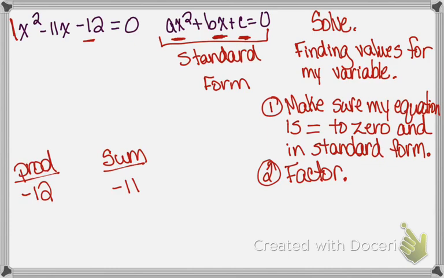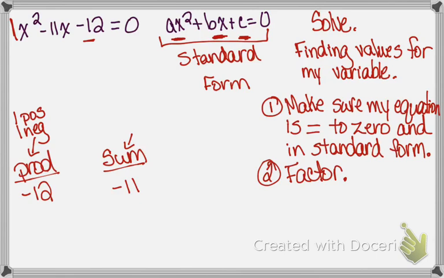So I am looking for two numbers that multiplied together give me negative 12 and added together give me negative 11. Because my product is negative, that means one positive number and one negative number.